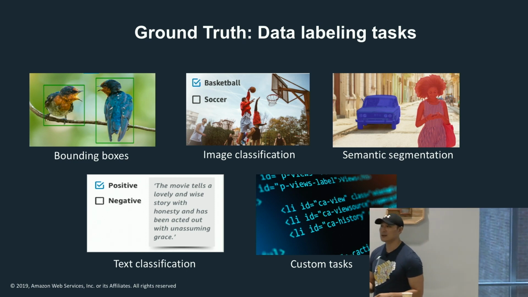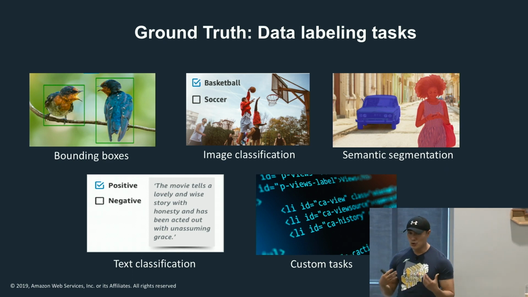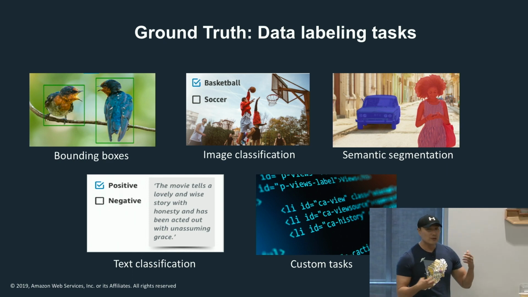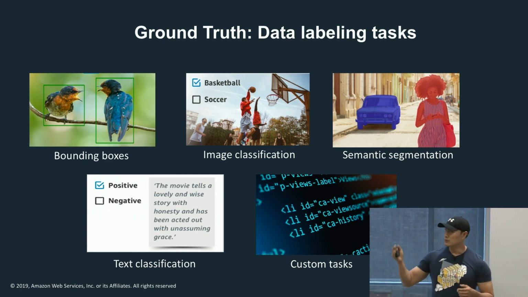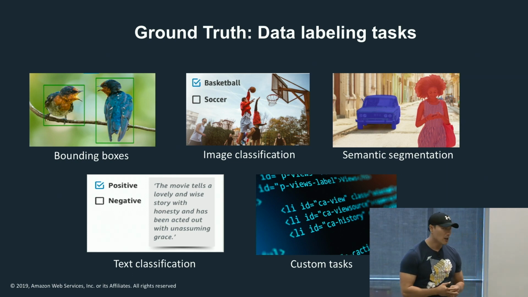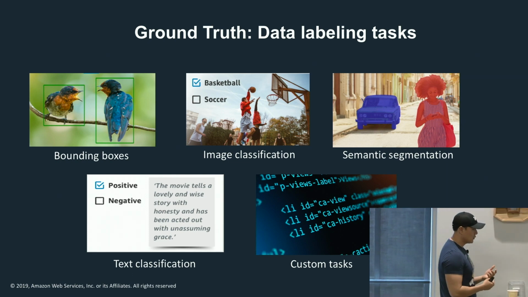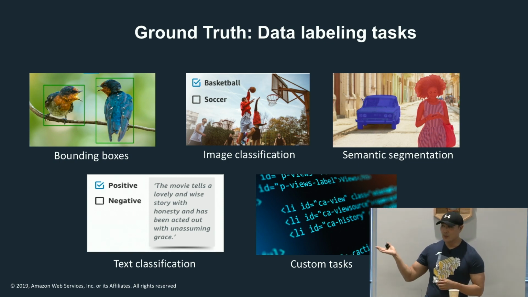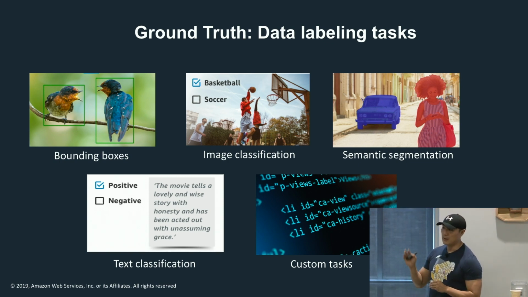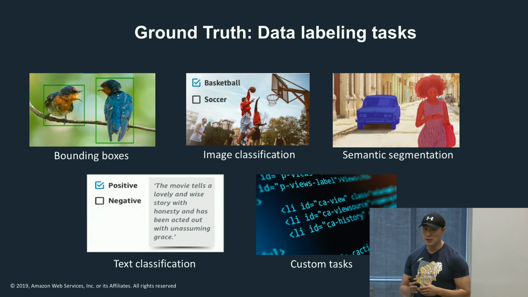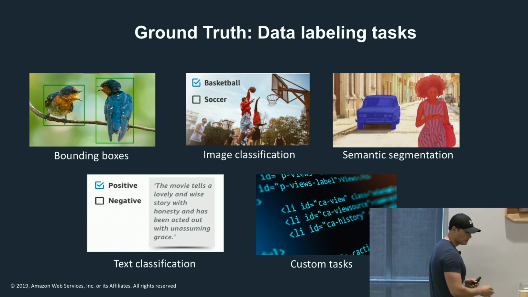And then custom tasks. Custom tasks are basically what you build for your specific use case, right? So we have 4 of these built-in tasks that you can use, but there are other use cases that these 4 may not fit, so you can actually build a custom one yourself, okay?